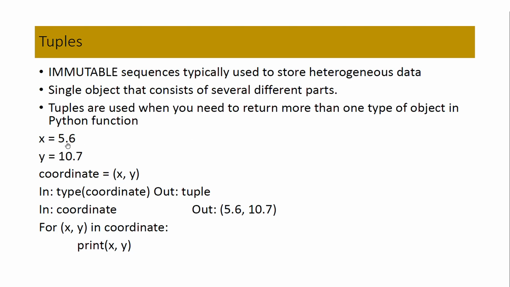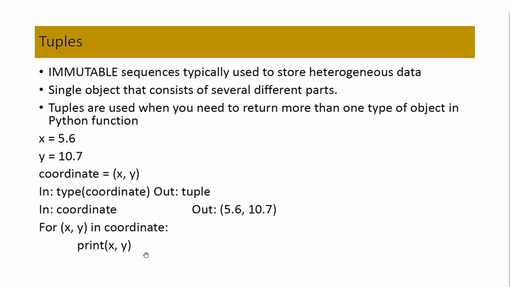So x is equal to 5.6, y is equal to 10.7, coordinate is equal to (x, y). The input will be the coordinates, and the output will be a tuple, so the output will be 5.6, 10.7. So basically you return more than one object from the Python function, and you can print what x and y are.